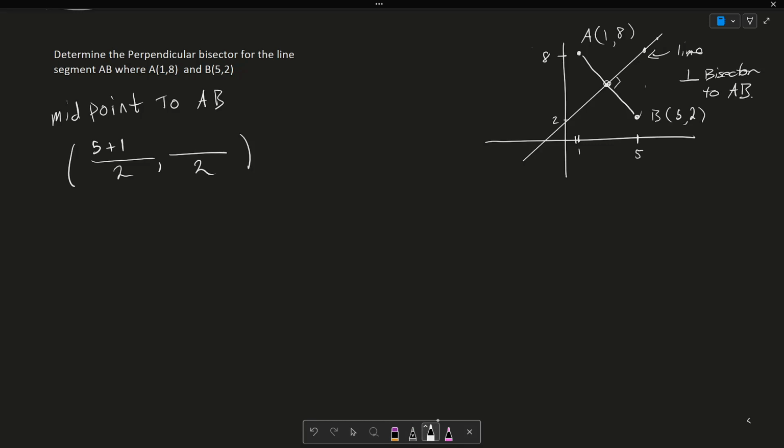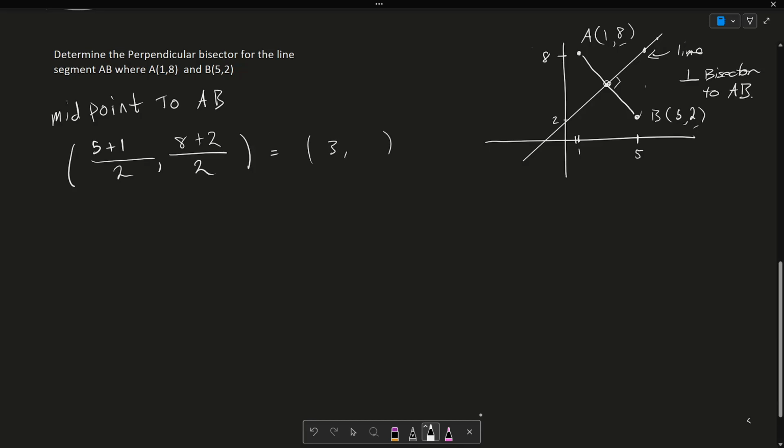And then I'm also going to do the average of the y coordinates, which is 8 plus 2, divided by 2. And as it turns out, I end up getting (3, 5).